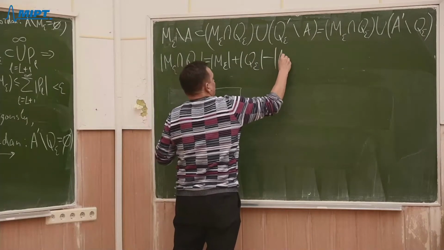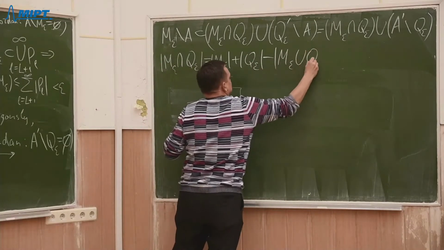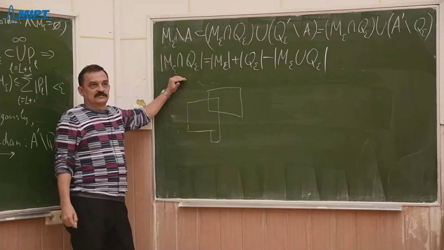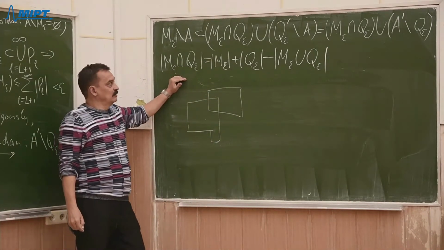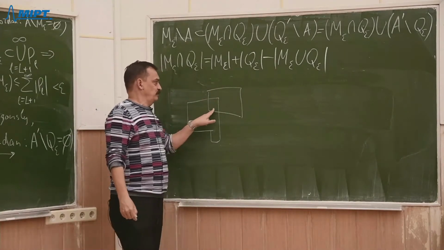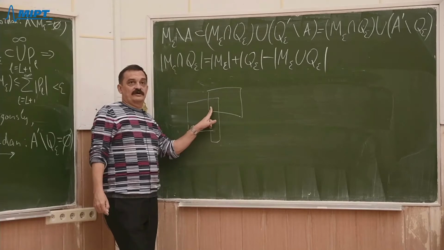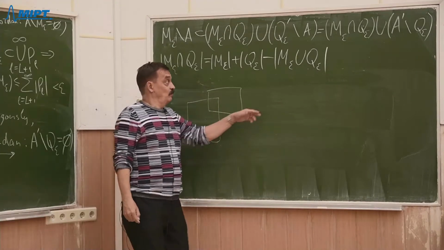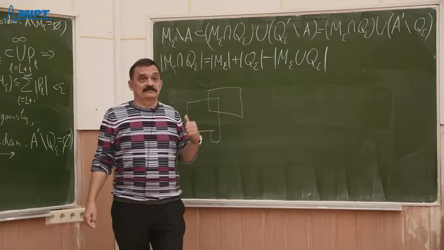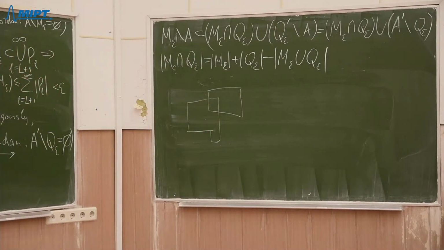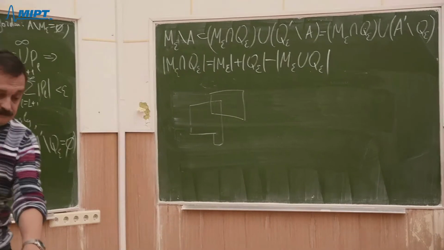Because when we add volumes, we take the intersection into account twice. Once here, and that is the second.